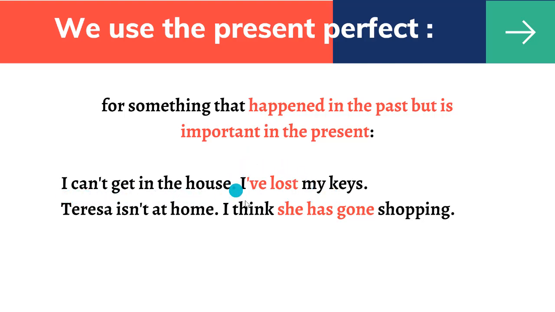So, what happened in the past has an impact in the present. Teresa isn't at home. I think she has gone shopping. In this sentence, the person makes a conclusion: because Teresa isn't at home, the person thinks that she has gone shopping.